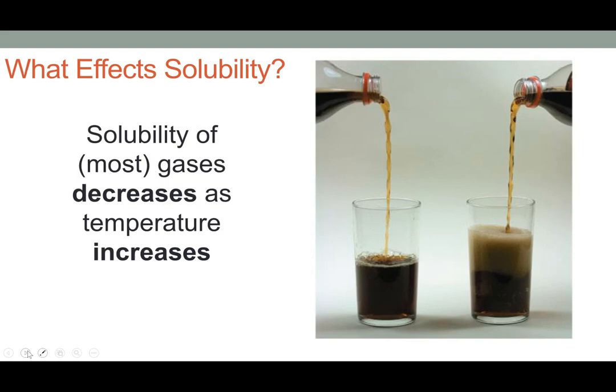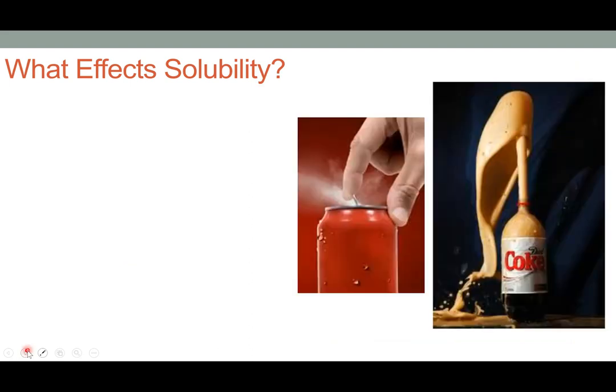The last thing that we're going to talk about is solubility and pressure. So think about opening up a can of soda. When you open up a can of soda, what happens is pressure is released. So inside of that can, you've got a pressurized system. The pressure is really high.